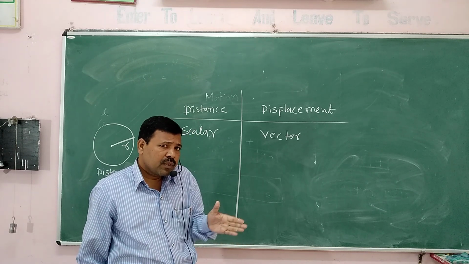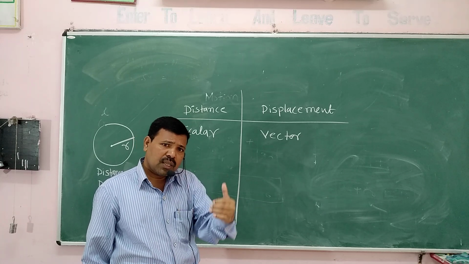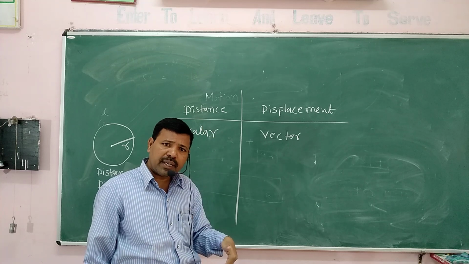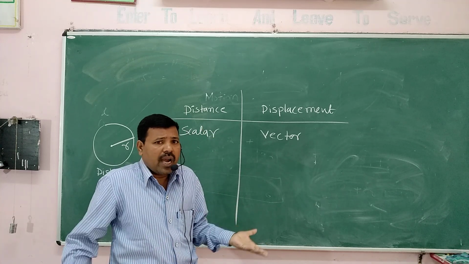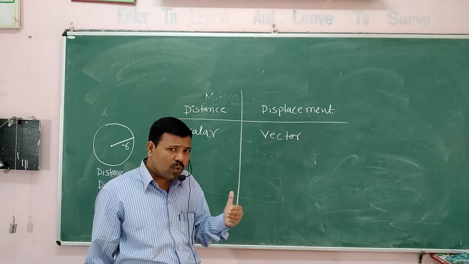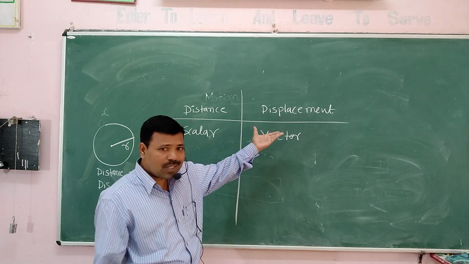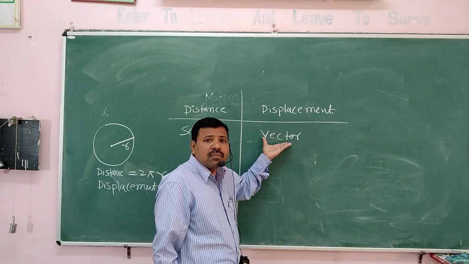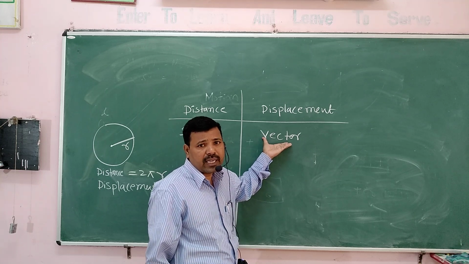Direction means towards south, towards north, towards east, towards west, vertically upward, vertically downward, northeast, southwest, and so on. These are known as directions. So displacement has the nature of a vector. It has both magnitude and direction.